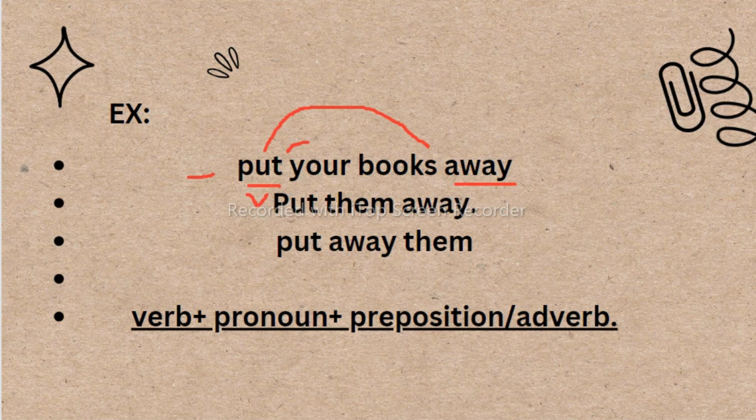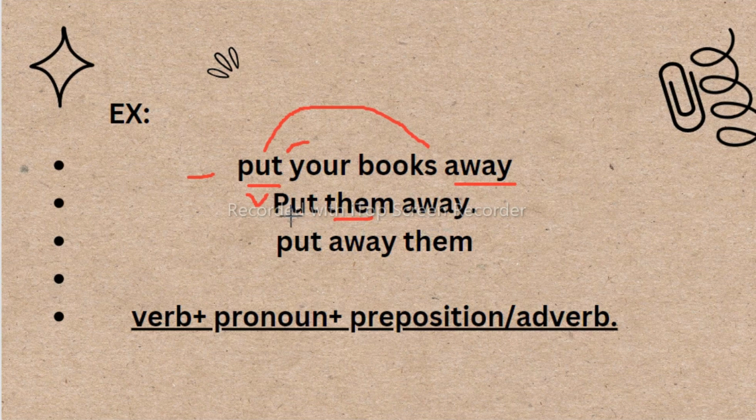So here students, the order of the object and preposition or adverb can usually be changed unless we are using a pronoun as an object. For example, let's use the pronoun them here. Put them away. We have taken them as an object here. So unless we use a pronoun as an object, we can change the position of the preposition or adverb in a phrasal verb.